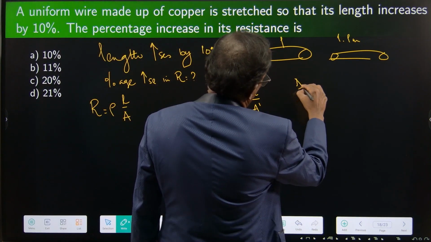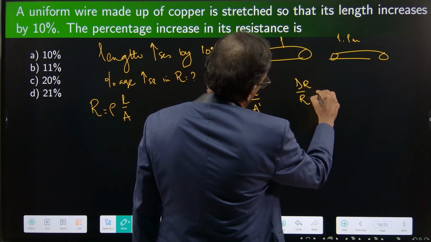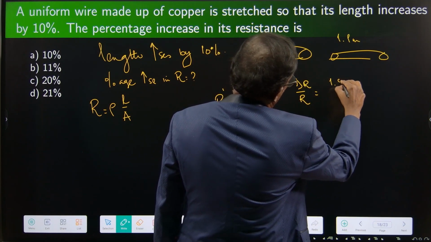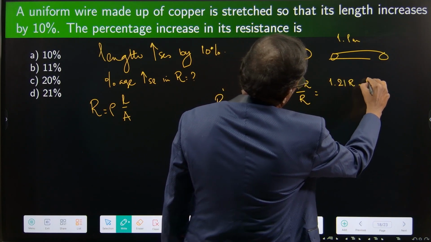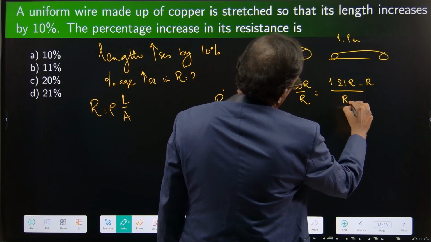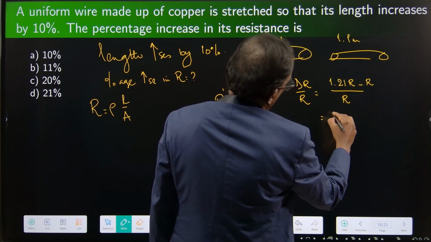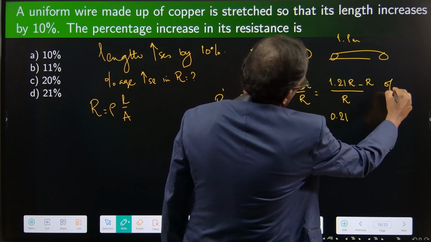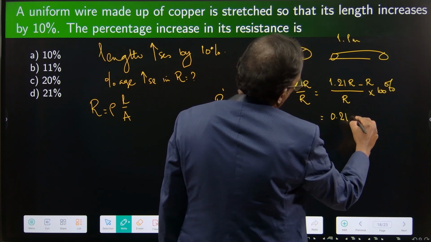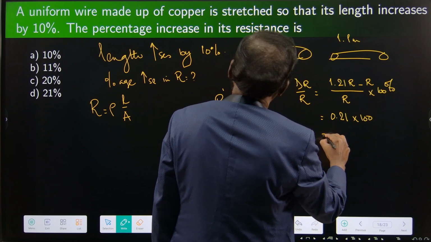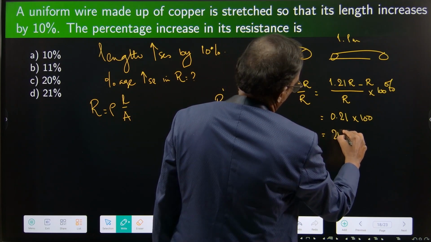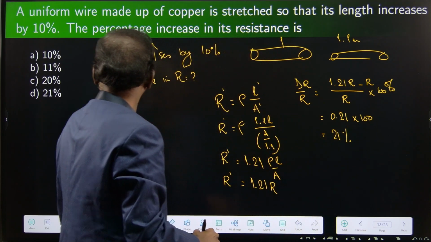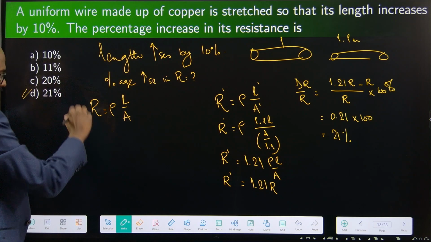So, delta R by R is equal to 1.21 R minus R divided by R. So this is 0.21 into 100. So this is 21%. Option D.